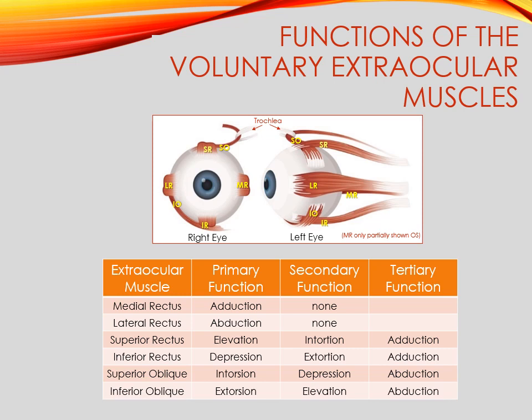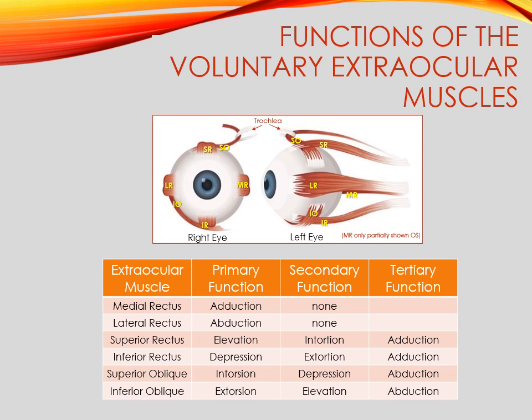The medial and lateral rectus muscles adduct and abduct the eye, respectively, with little effect on elevation or torsion. The vertical rectus and oblique muscles have vertical rotation and torsion as their chief functions.